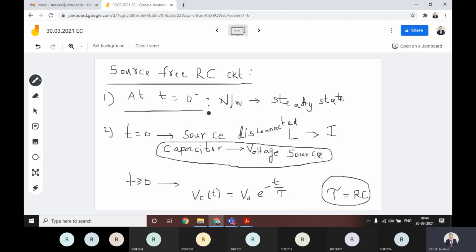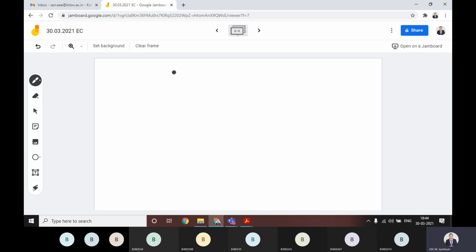Now you understood the basic idea, but how to solve whenever a circuit is given to you? There is a procedure to solve this source free RC circuit. In the first step, at t is equal to 0 minus, before switching, the network is always at steady state.